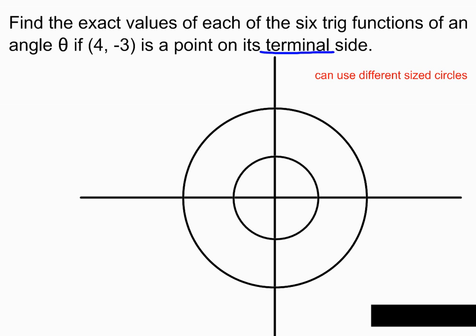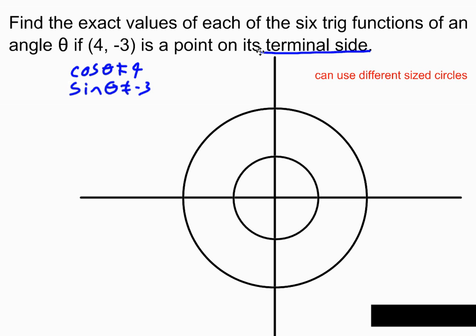This says the point is on the terminal side, meaning our radius is not necessarily 1, and therefore we cannot say the cosine of theta is equal to 4, just like we cannot say that the sine of theta is negative 3. So we've got to deal with that here.